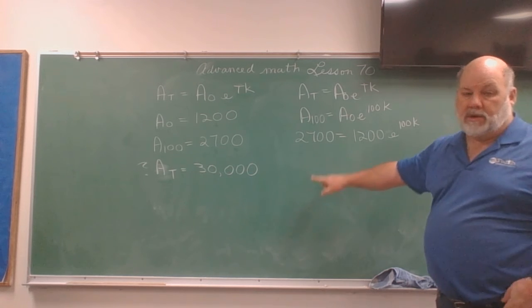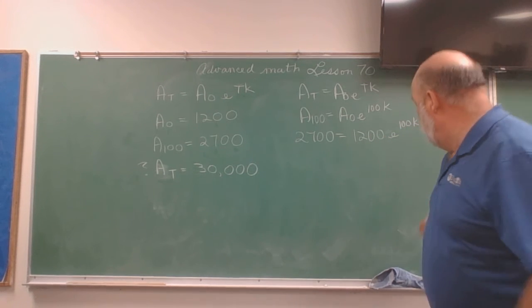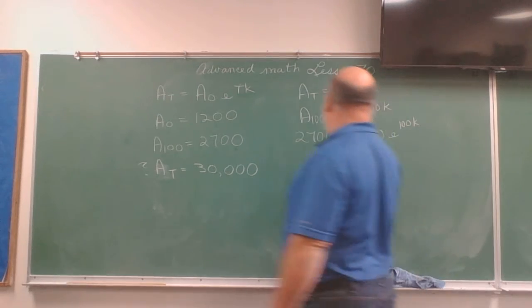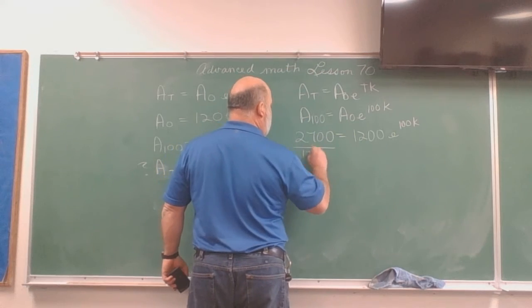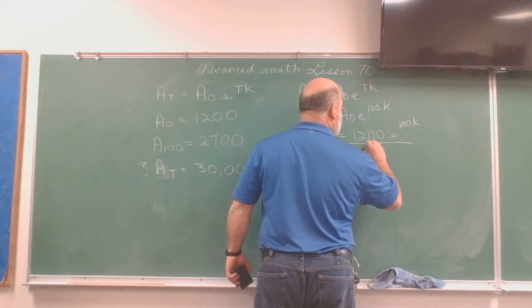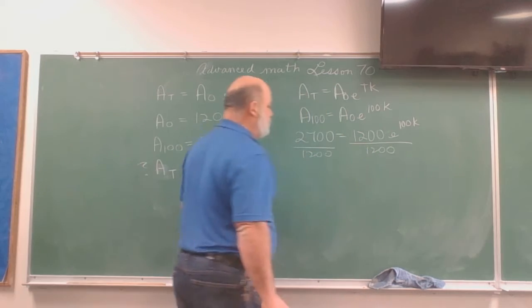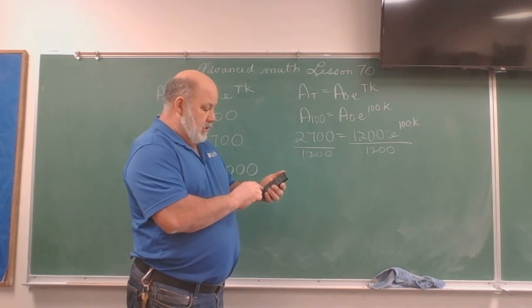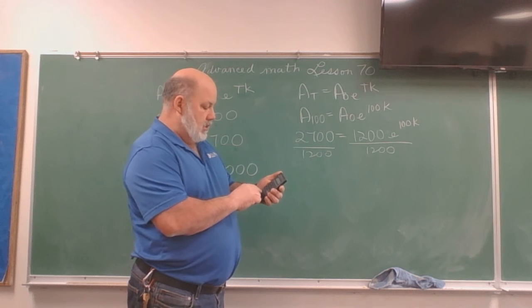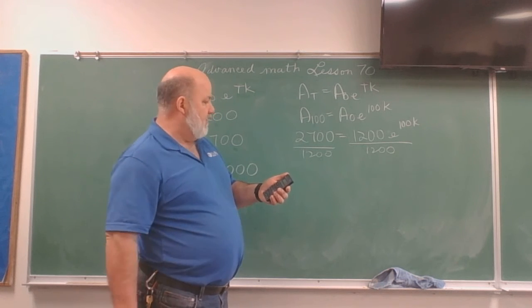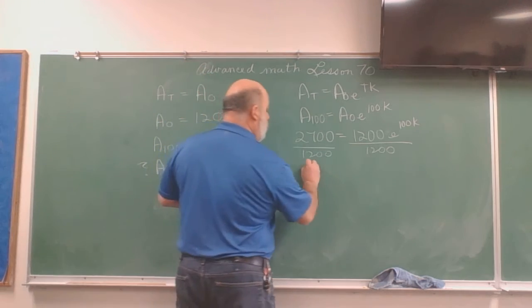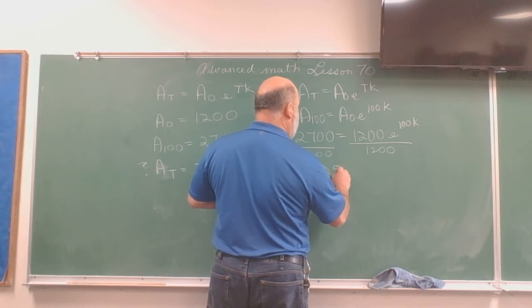The first thing I'm going to do there is divide both sides of the equation by 1,200. So 2,700 divided by 1,200 is 2.25.